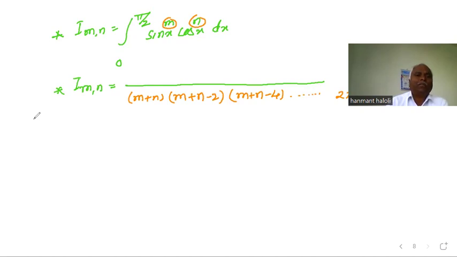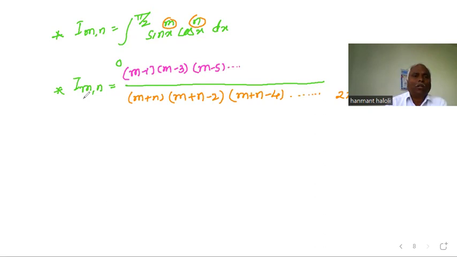Then how do we write the numerator? Here we have m minus 1, m minus 3, directly taking one jump, since one term is going down and one term is going up. Then m minus 5, and so on.